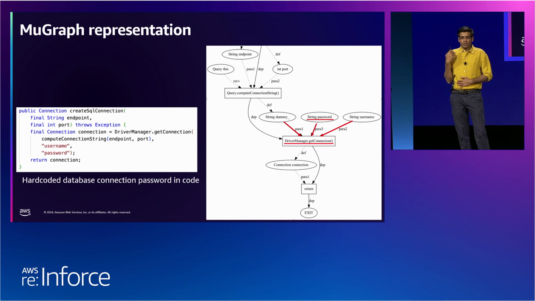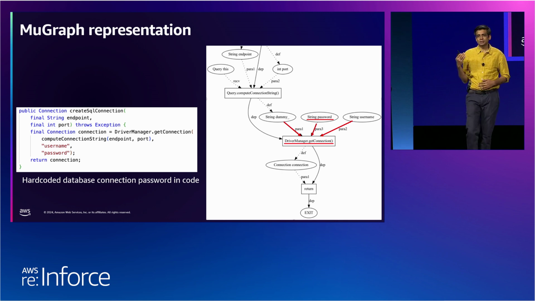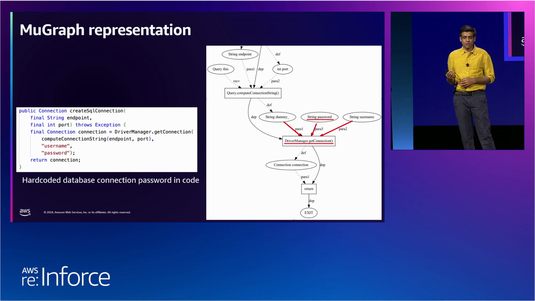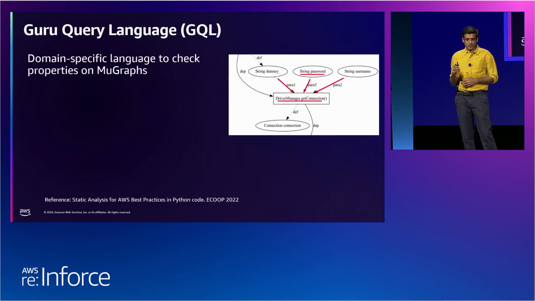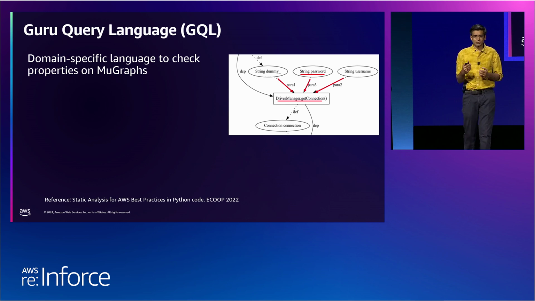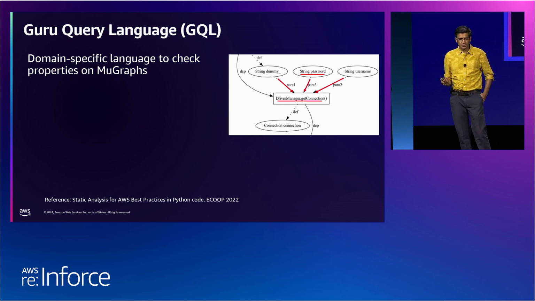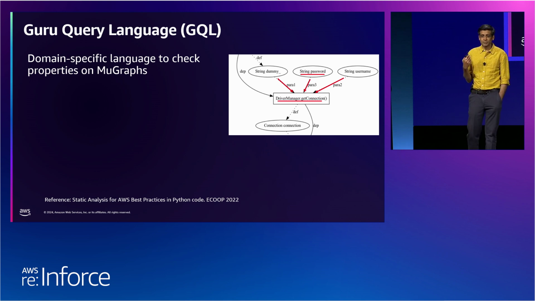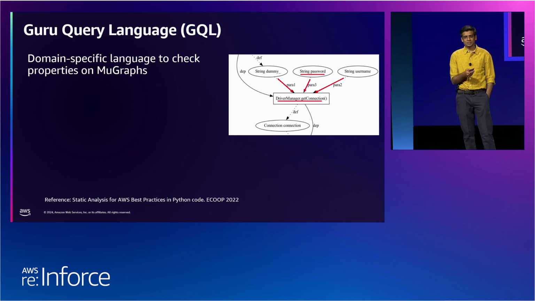Now, expressing such checks on top of the mu graphs is enabled using the Guru query language that we have developed within our product. This language, the Guru query language, or GQL, is a domain-specific language which can be used to express checks such as the one that is described on top of mu graphs.